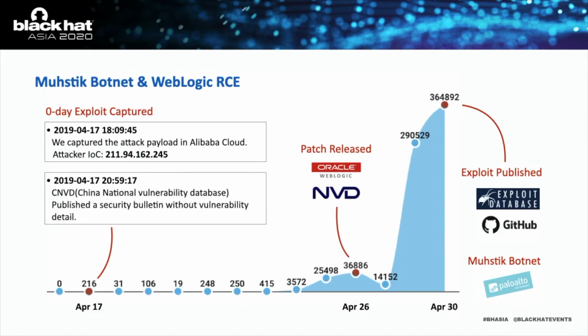As you can see in the timeline, at first only a few attackers used this 0-day to perform targeted attacks. Then, in late April, a group of botnets started to spread this exploit, including the famous Mozi botnet. This time, we won half a month to protect our cloud users against this vulnerability.